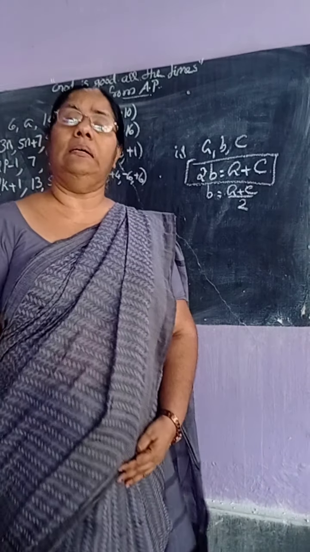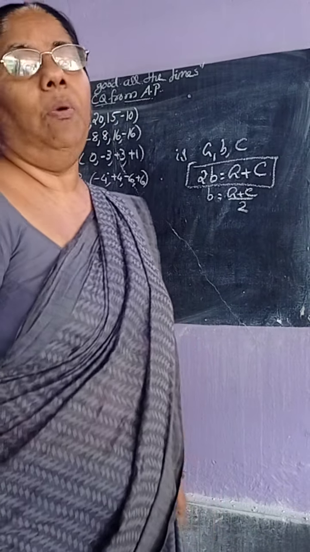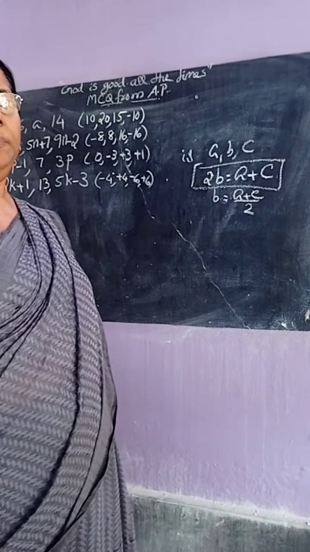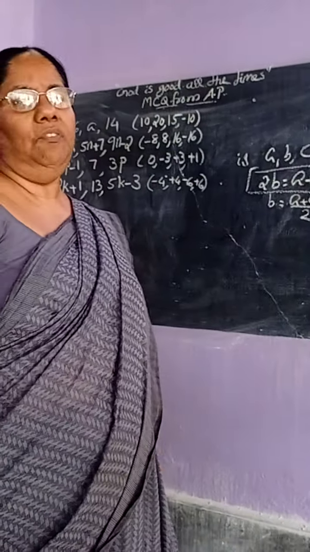Twice the middle term is equal to sum of the extremes. We can do that section first.